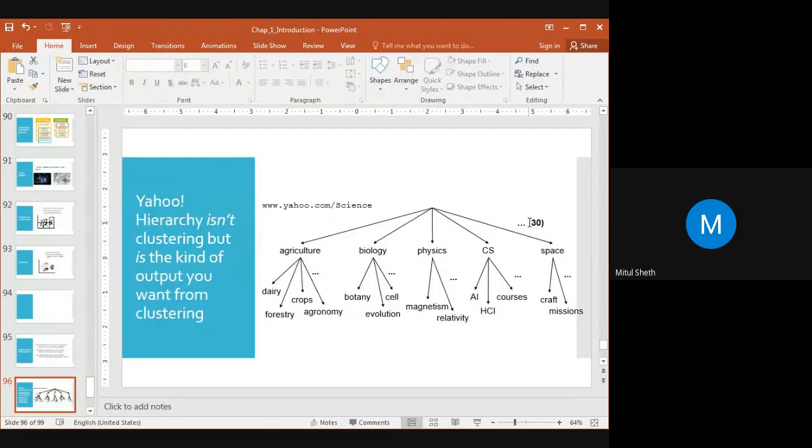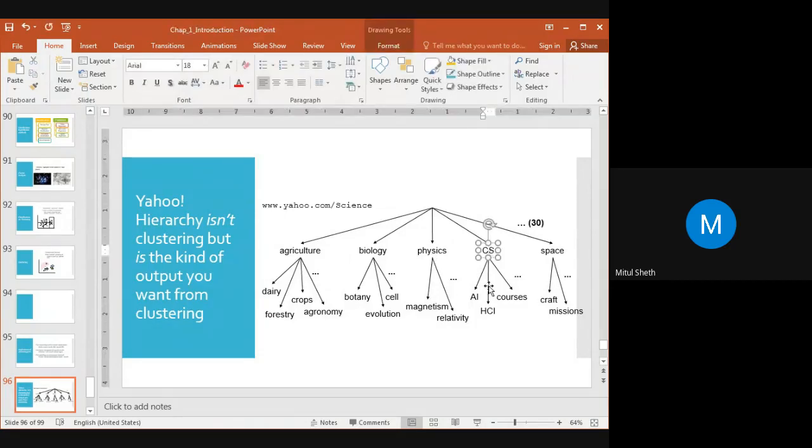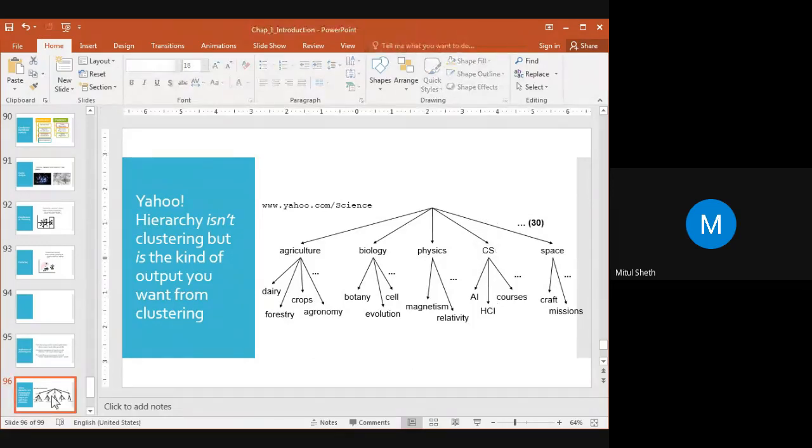They just find the characteristics, and based on the characteristics they can directly find the physics cluster, or directly find the computer science cluster, and so on. So this is the real-time application of clustering.